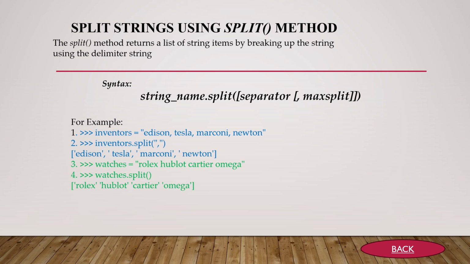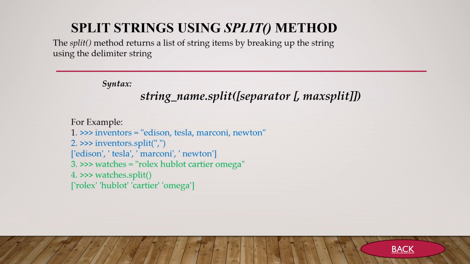If the separator is not given, white space is considered as the delimiter in order to split the string. And if a maximum split is given, this will be the maximum number of splits to be done, and the list will have at most maximum plus one items. And if it has not been specified, or if it has been specified as minus 1, then there is no limit on the number of splits.